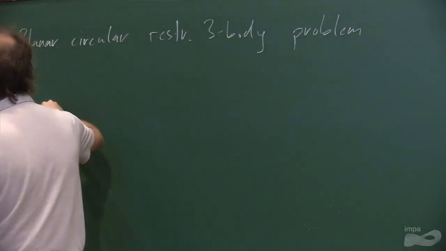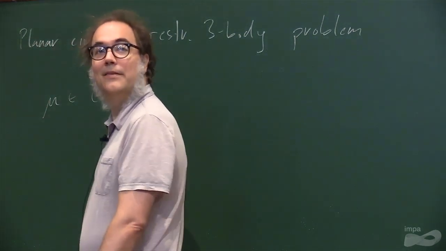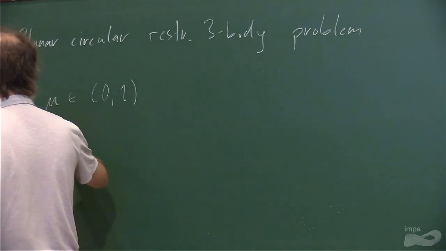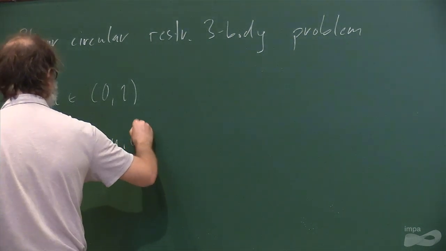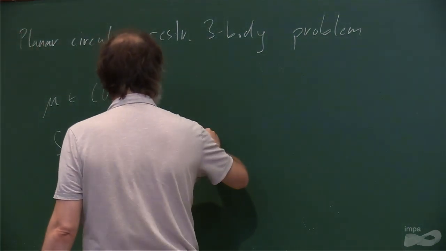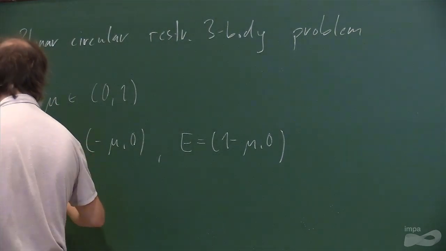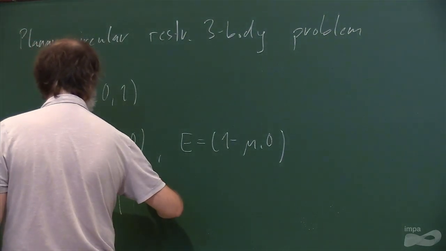So we have a parameter mu in (0, 1), and we have two masses, which we call S and E. S, the Sun, is at (-mu, 0). The Earth is at (1-mu, 0). And the Hamiltonian H is on the cotangent bundle.